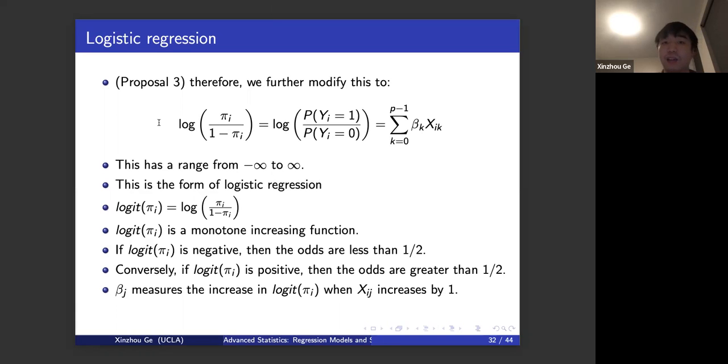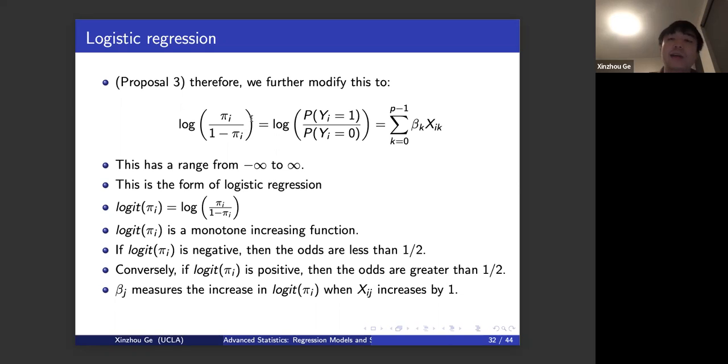So by taking the log, we generate a response which takes values from negative infinity to positive infinity. And this is the desired range of the response of a linear regression model. And we can now propose it as our final model. And this is the formula for logistic regression.